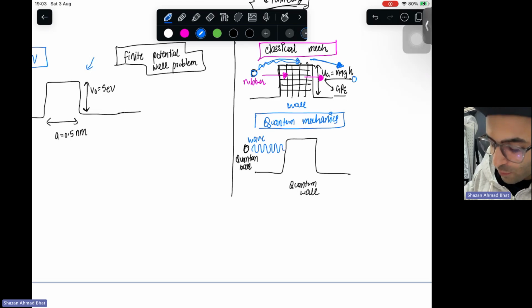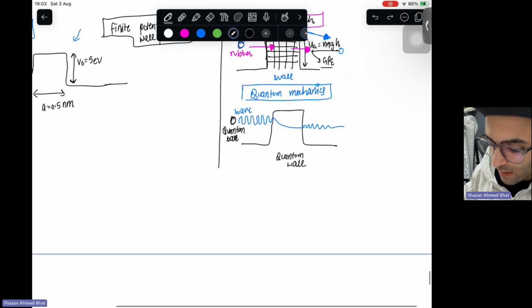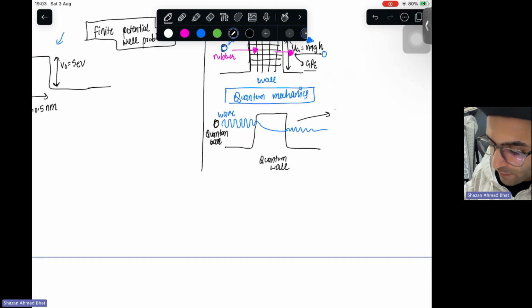So when it hits this quantum wall, the wave starts to leak inside the wall, and somehow it appears on the other side. It is as if the ball has gone through the wall and appeared on the other side. That is what has happened exactly. And that is what happens quantum mechanically because of the wave nature of objects.